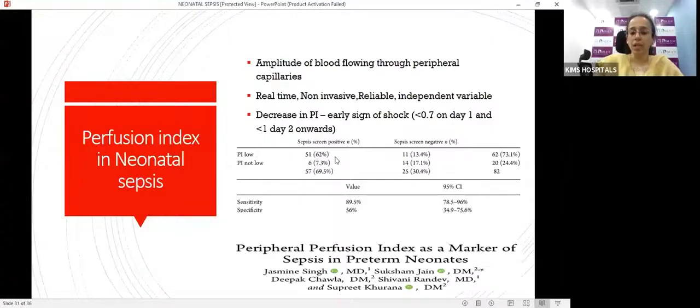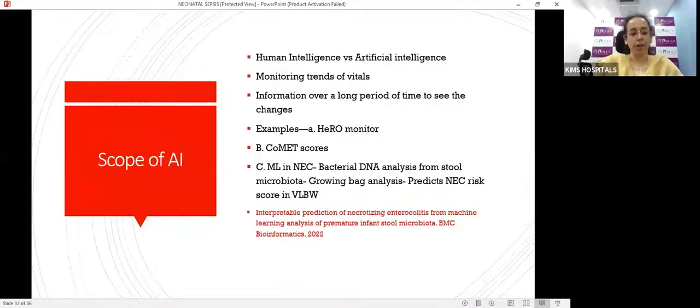And the sensitivity is 89.5%, which is good, and specificity is 56%. So perfusion index is also one variable which should be taken into consideration in neonatal sepsis. Now let us see the scope of artificial intelligence in helping the human intelligence.